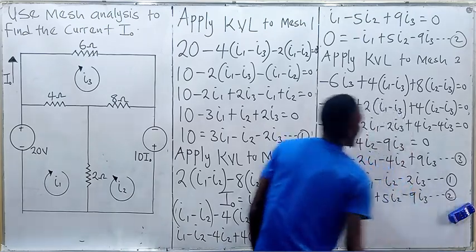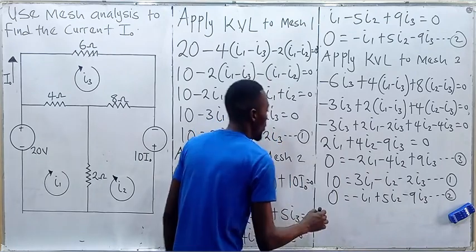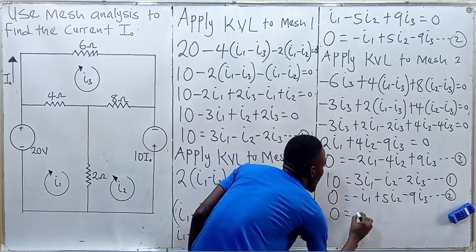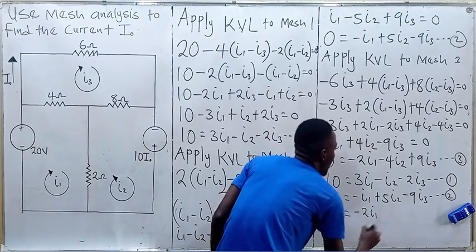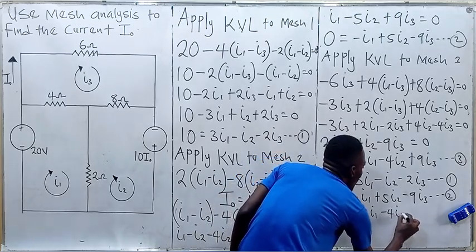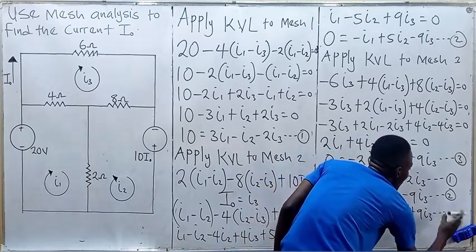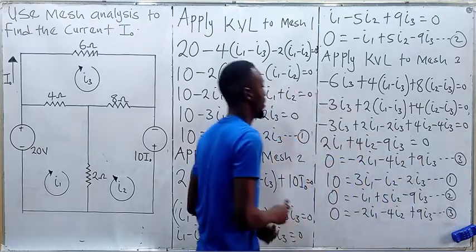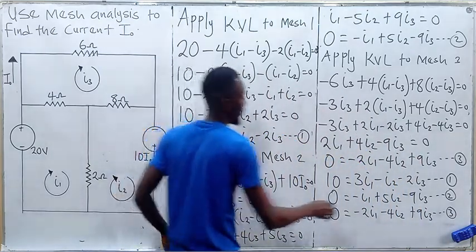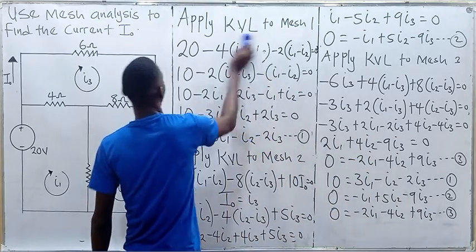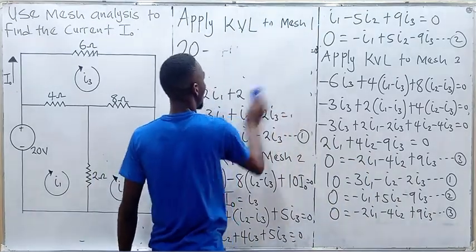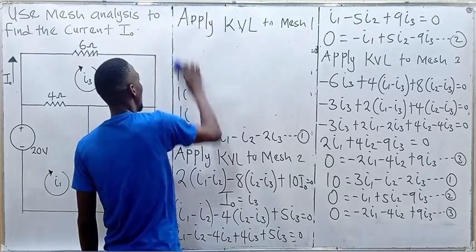Equation number 2. All right, equation number 3, we have 0 equals minus 2i1 minus 4i2, then plus 9i3. Equation number 3. All right, so let's clean this part. So we are going to use Cramer's rule. Just look for change and the determinants.